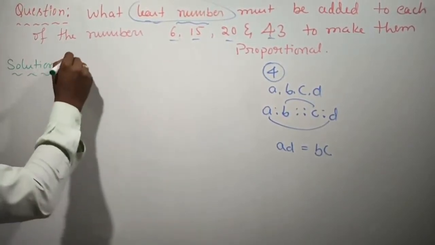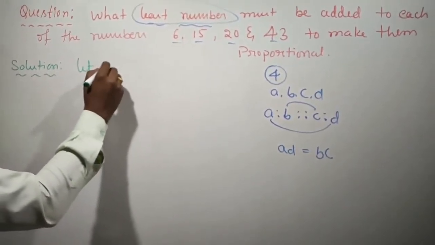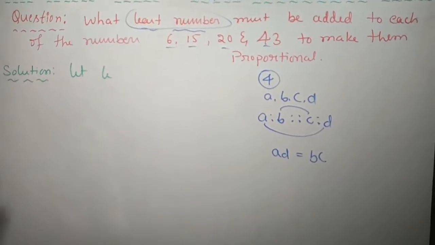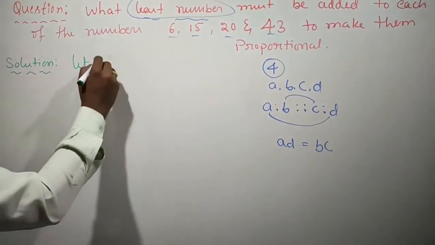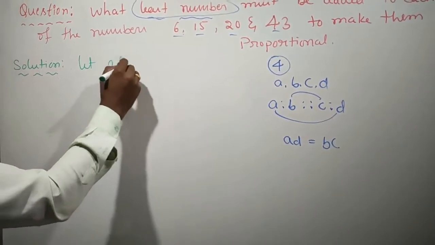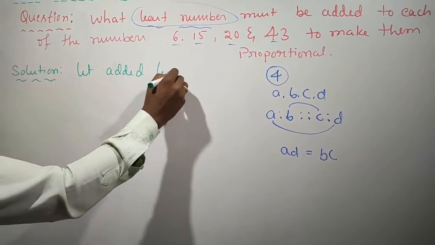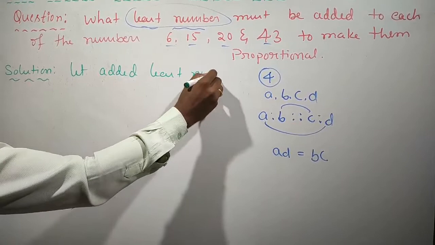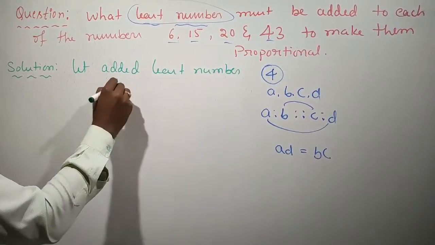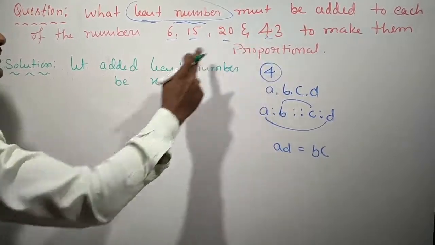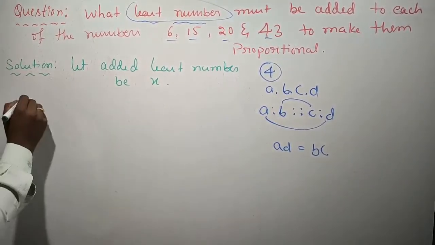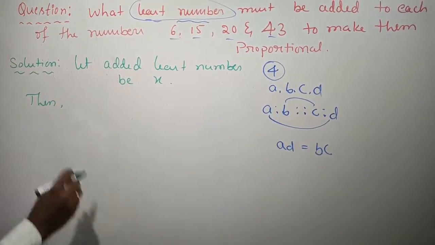Let the least number to be added be x, children. Now I am adding x to these 4 numbers. What happened then, children?